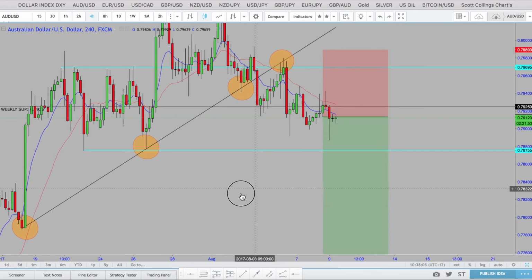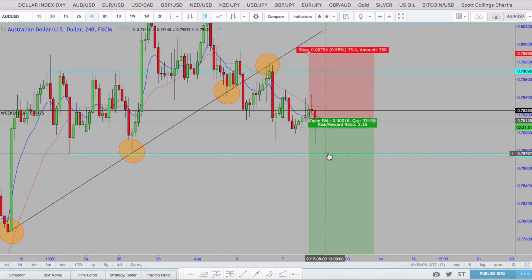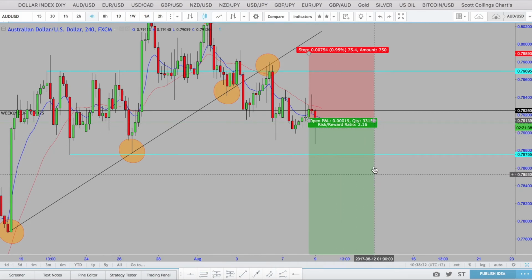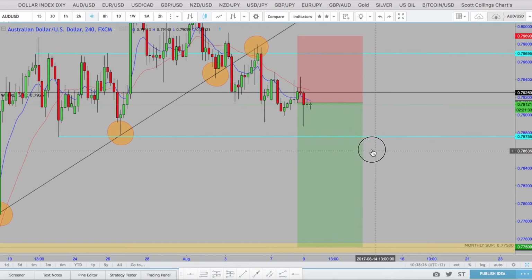And I do believe that if we do see price back down here, we could either see a little pullback, potentially back up to this weekly resistance level, and then a continuation of this, or a continuation to retest this before a break.